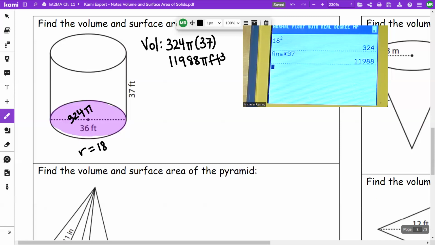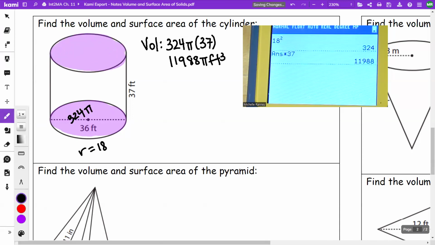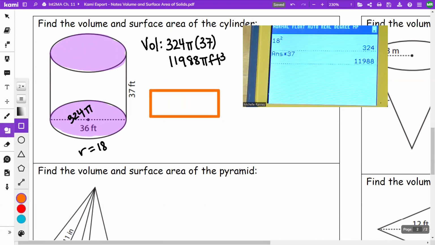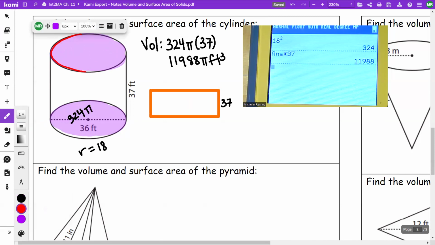Now for my surface area, I'm going to have 2 of those circles, and then I have 1 rectangle. And the rectangle is going to be 37 for the height. And then when I'm going all the way around the circle, that's the circumference.